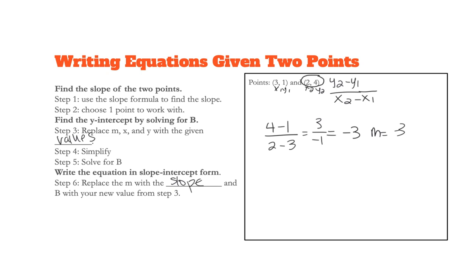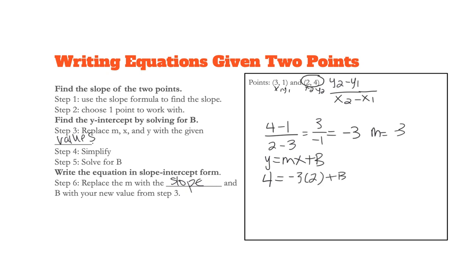So with this, we know we have x and y and m, and we substitute these into y equals mx plus b to solve for b. So here is what that substitution would look like. 4 equals negative 3 times 2 plus b.